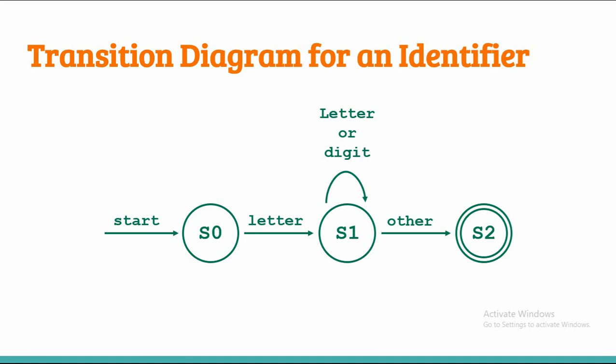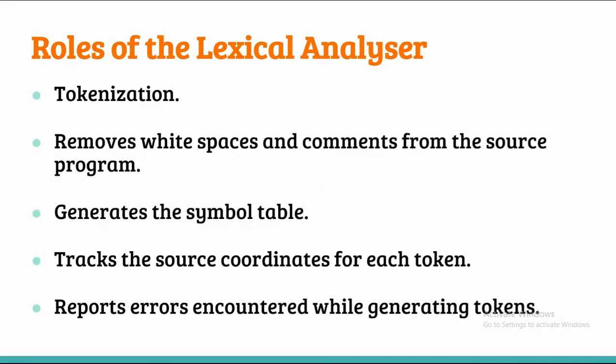So before I move into the demonstration, I want to sum up the different roles that the lexical analyzer is able to perform. First of all, we have tokenization, which is basically what I've been explaining for the past few minutes. And then the lexical analyzer is capable of removing white space and comments from the source program.